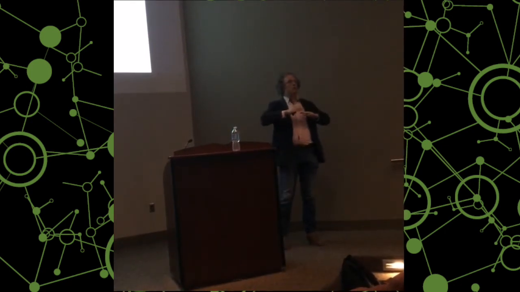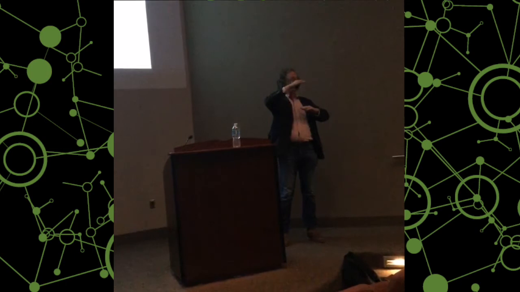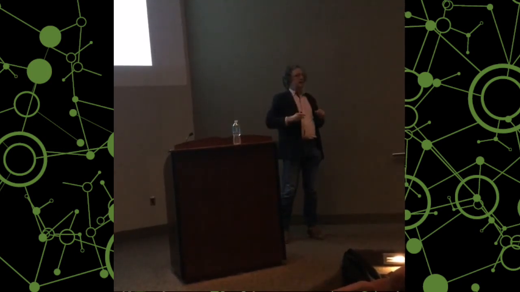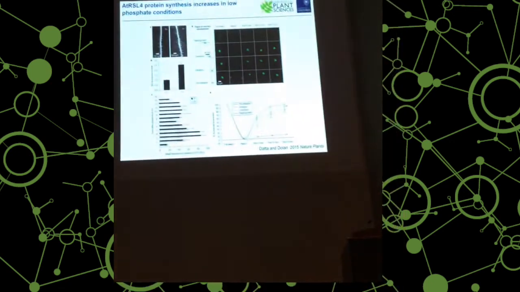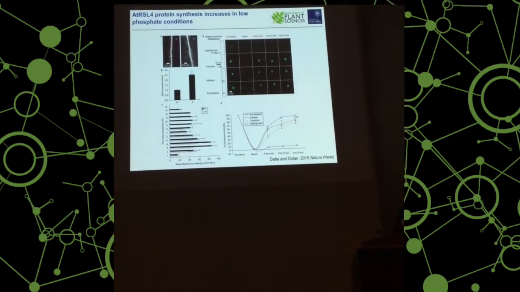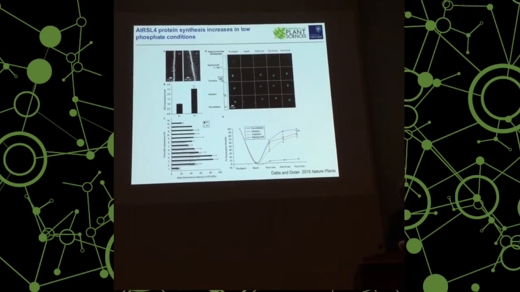So we're making more RSL4 in the root hairs, and we're making it for a longer time than we did in adequate phosphate. And that results in the production of more RSL4, which is longer lived, and the root hairs grow longer.